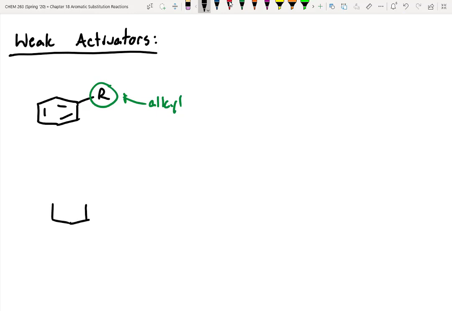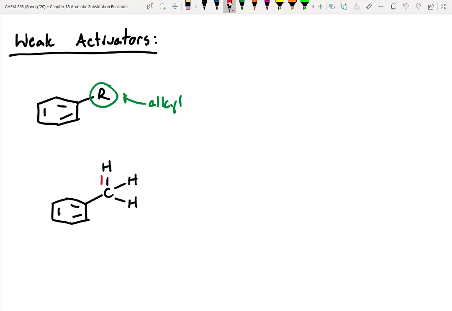So let's imagine that our alkyl group is a methyl group. So it's got a CH3 coming off of it, and I'm going to show all of those hydrogens. If you look at an electronegativity table, hydrogen's actually slightly more electronegative than carbon. Oops, sorry, I've got those going backwards.